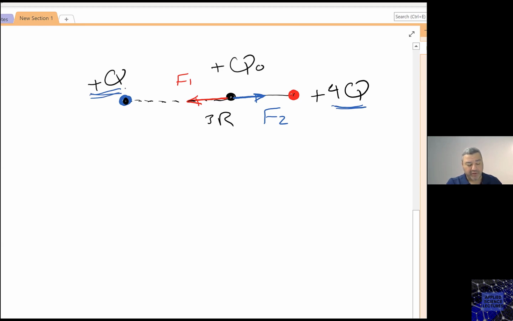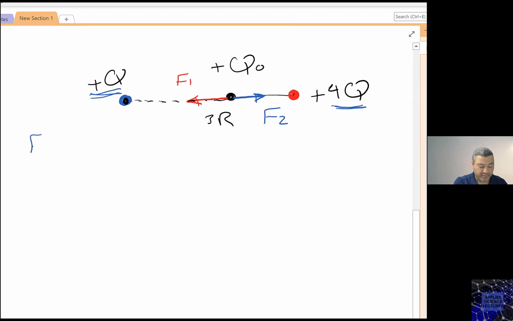Then definitely there is a point in between where F2 equals F1, right? They're in opposite directions. So if I slide this positive Q naught to the left, I will find a point where F2 equals F1. Now, what's going to happen, and we can prove this mathematically.